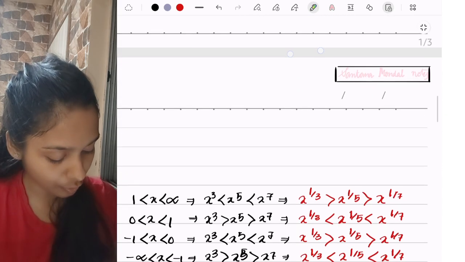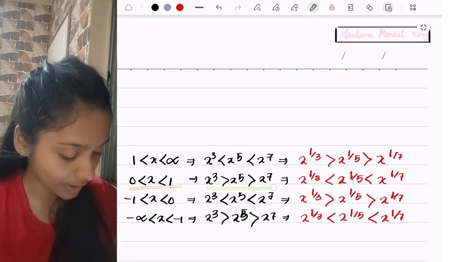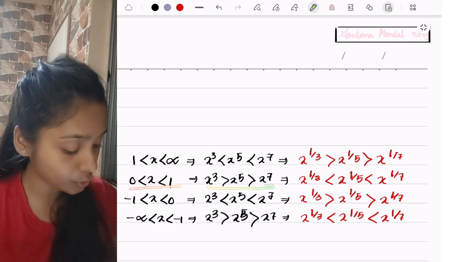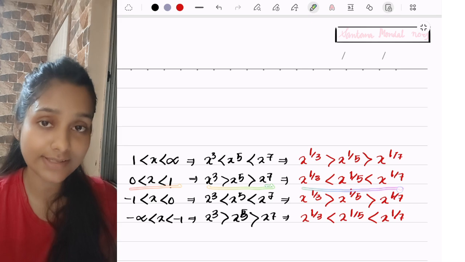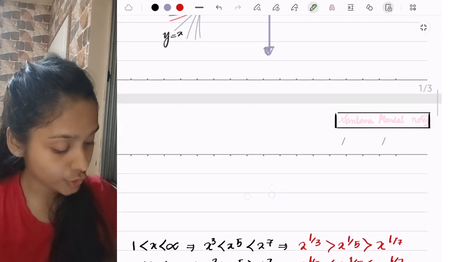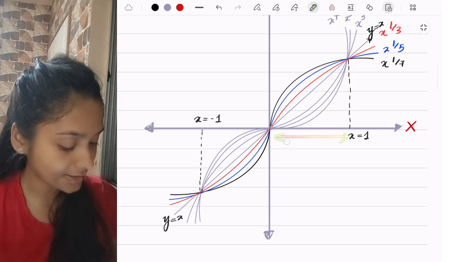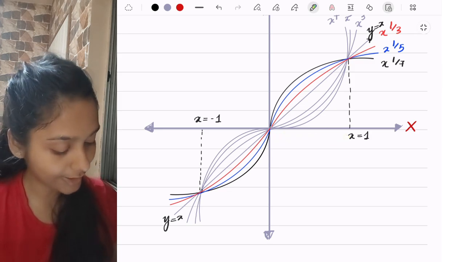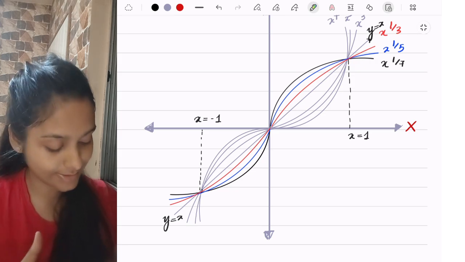Now if we move to the interval 0 to 1, we have this inequality, which gets flipped to the opposite inequality. Here x power 1 by 3 is the least among them. If we look at the 0 to 1 interval, x power 1 by 3 is indeed the least among the others.